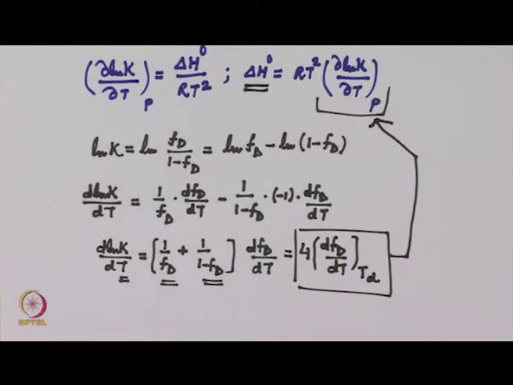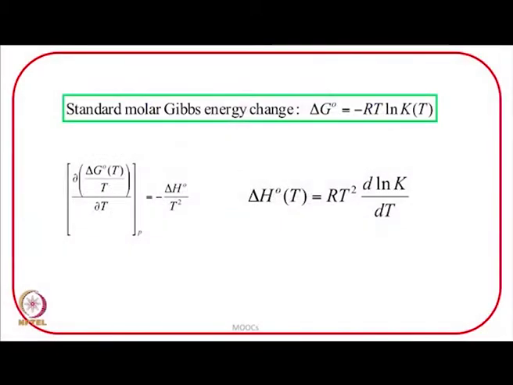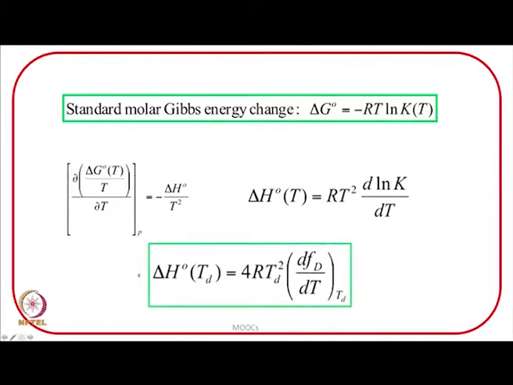Let us go back to the slide now and discuss that from the value of d log K by dT at the transition temperature, we can get delta H naught at the transition temperature, which is equal to 4 times R times Td square times dFd by dT at the transition temperature, whatever is the slope at the transition temperature.